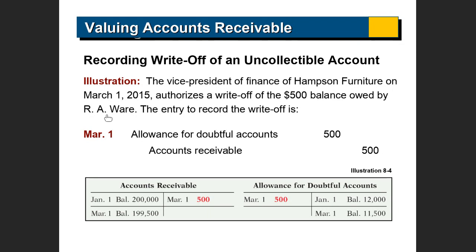The net realizable value remains the same. So when you are sure that one customer is not going to pay, you remove that from doubtful. It's no longer doubtful. You are sure that they're not going to pay. So you reduce that from allowance and you take it out of accounts receivable. Is that clear?